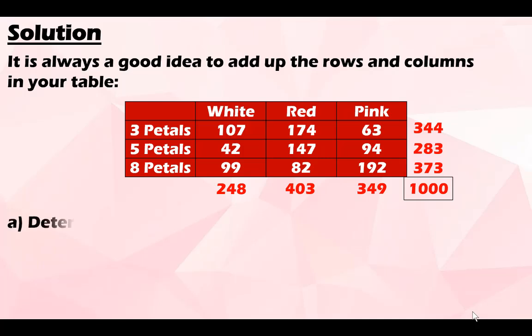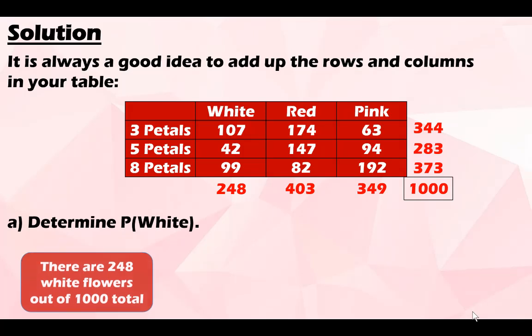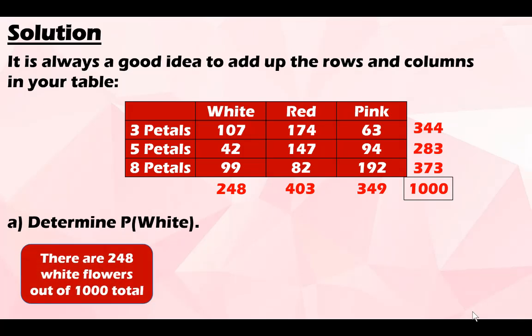The first question was to find the probability of choosing a white flower. This is not a conditional probability. So how many white flowers were there out of the total number of flowers? According to the table, there were 248 white flowers out of 1,000 total flowers.